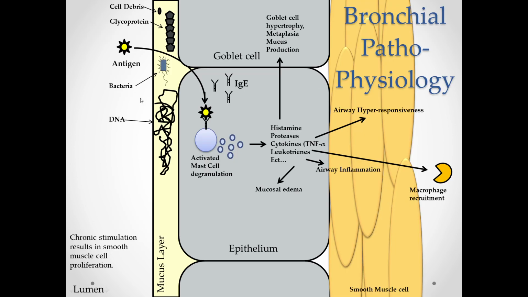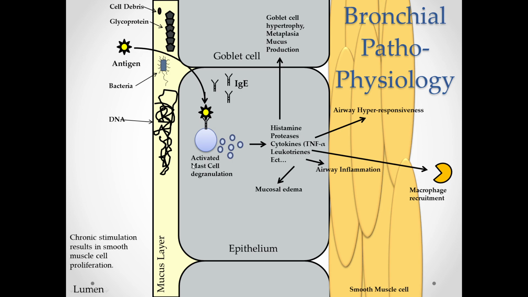Okay, so here's a bit of the pathophysiology of asthma. This is a cartoon, and on the left side of the screen would be the lumen of the bronchial tree. There would be a mucus layer that's filled with things like DNA, bacteria, glycoproteins, and cell debris.